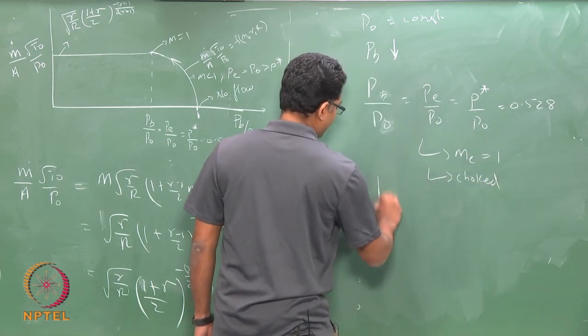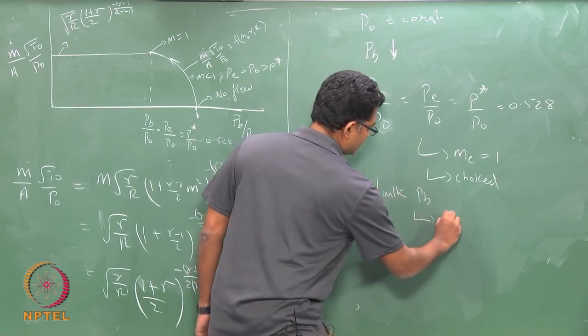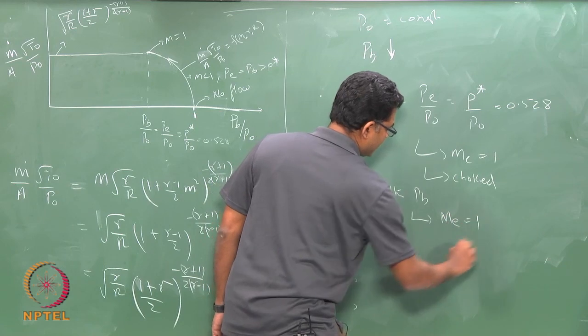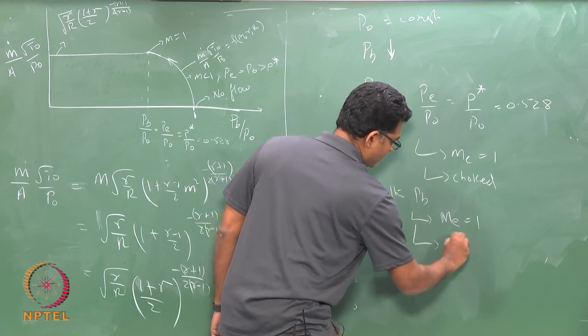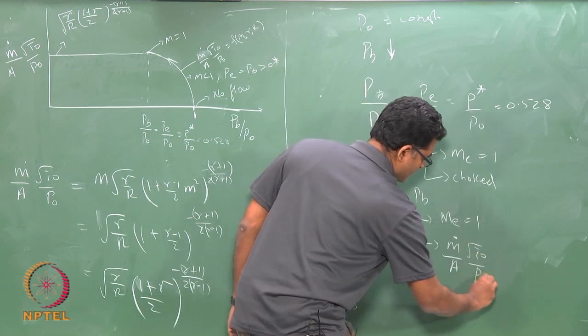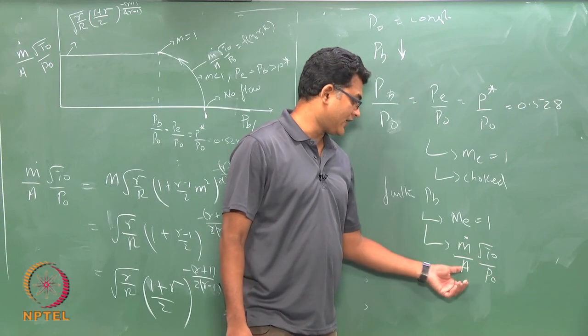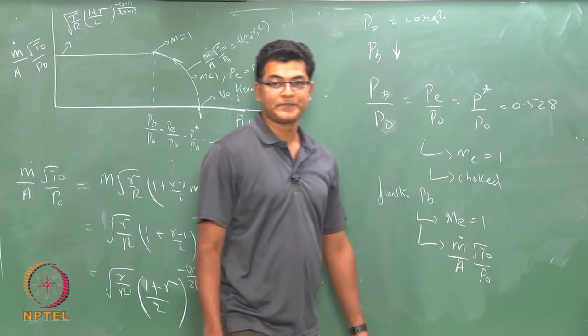Further decrease in PB has no effect on your exit Mach number and no effect on your mass flux. So if you want to increase or decrease your mass flux, you have to change these values, A or P0 or T0.